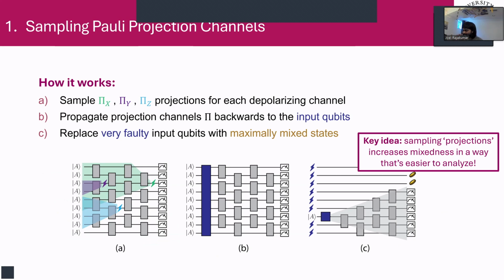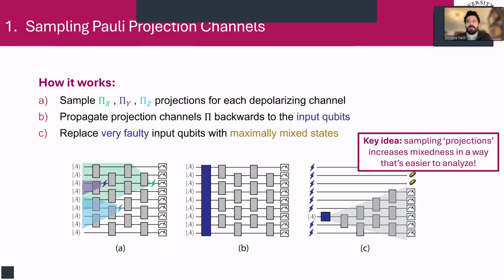Each of these is a Pauli error, and essentially what you check is whether it generates a single-qubit X and a single-qubit Z. If you can combine these projection channels in a way that they sum up to a single-qubit X, that's the condition I check. And if that condition is true, then I know I can replace that qubit with the maximally mixed state.